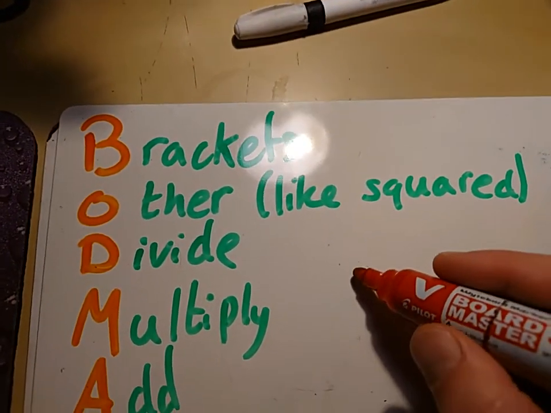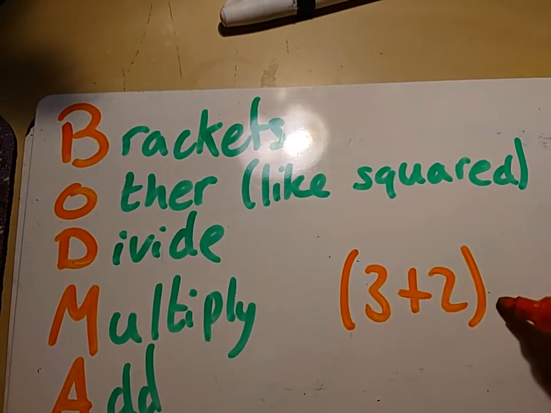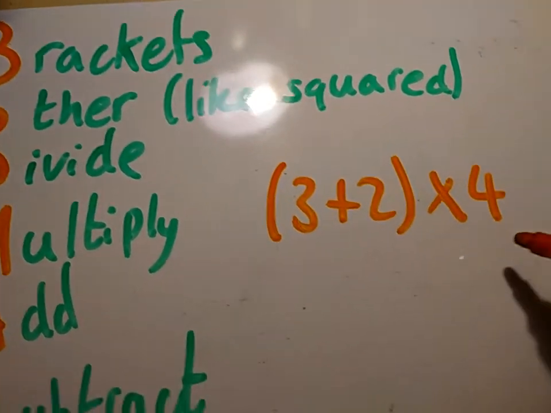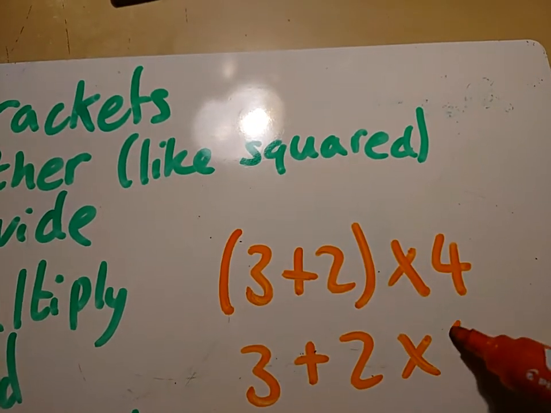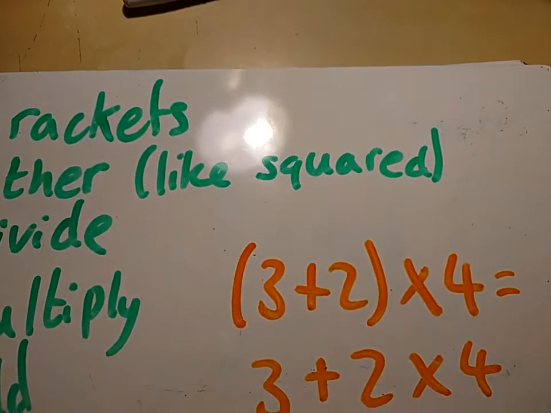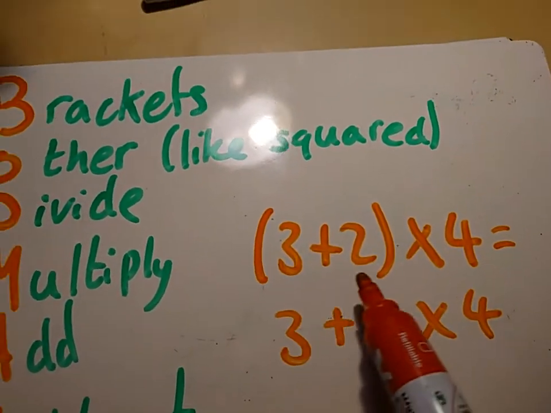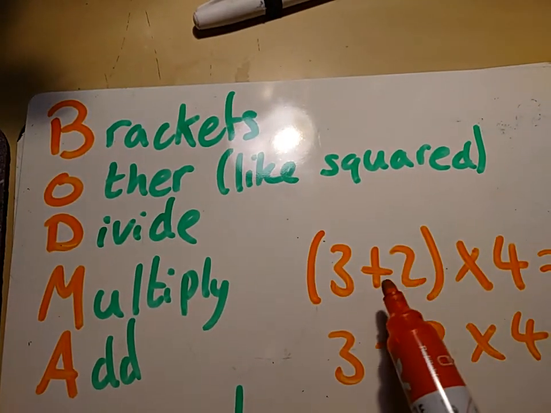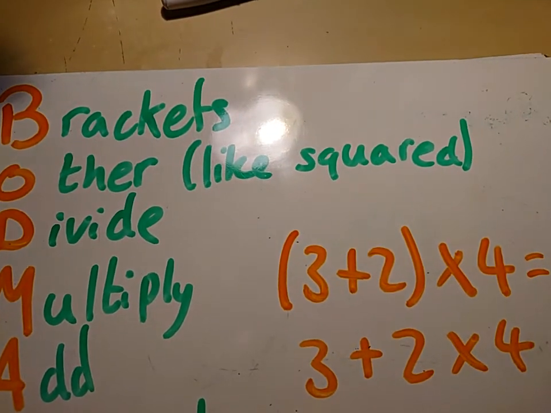So that's why you end up with these two, which end up giving you different answers. You probably all remember doing this now. So in this one, we've got to do the brackets first. So it's 3 plus 2, which is 5, times 4 is 20.